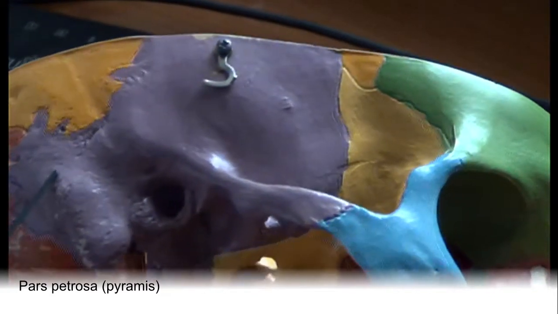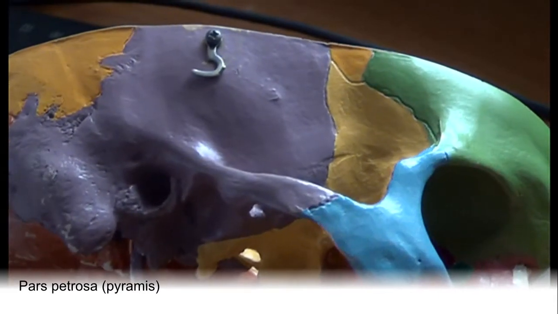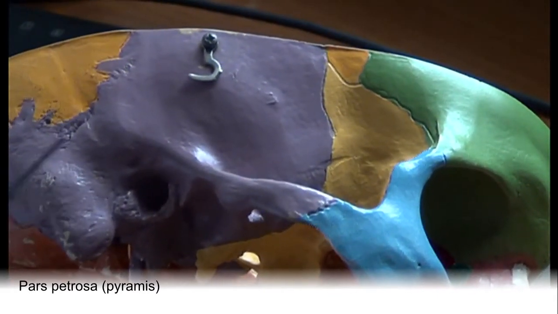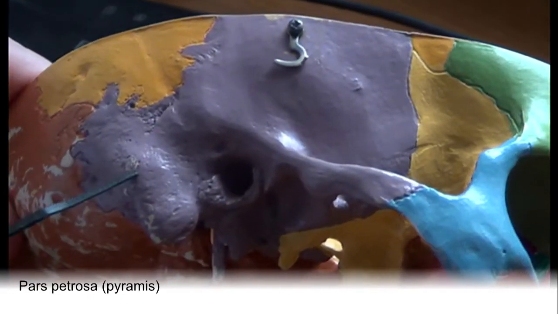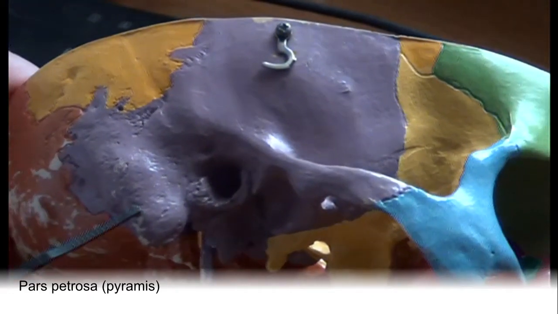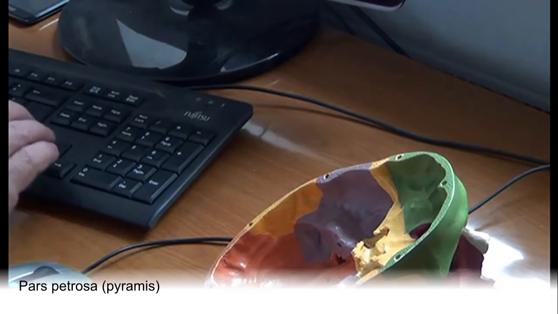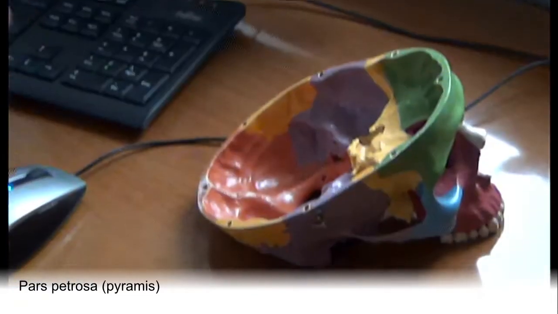But according to another classification, processus mastoideus is a part of pars squamosa.